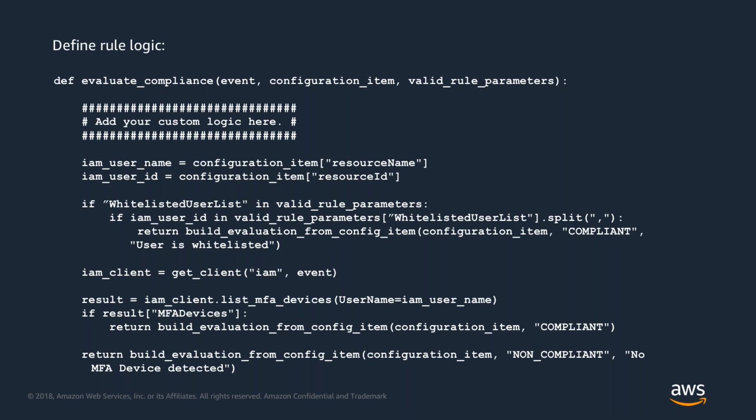And I'm just calling it out here that if a whitelisted user list is there in the valid rule parameters, and we've defined valid rule parameters further down, then essentially we go through the whitelisted user list and they will just be handled as compliant.